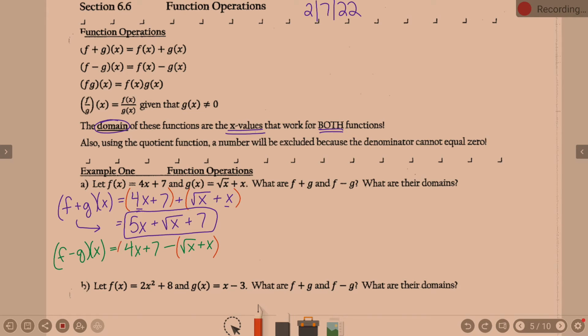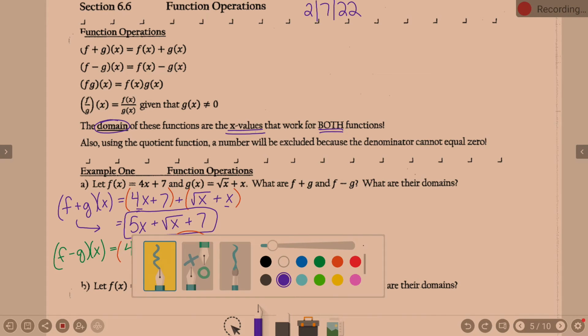So if I write it like such, it's the quantity 4x plus 7 minus the quantity square root of x plus x. The key is what is being subtracted? The square root of x is being subtracted, and what else is being subtracted? That x is also being subtracted. So that's the key you have to watch out for.